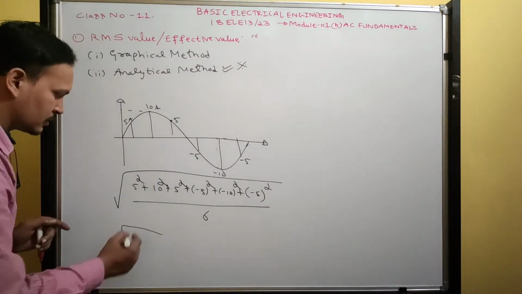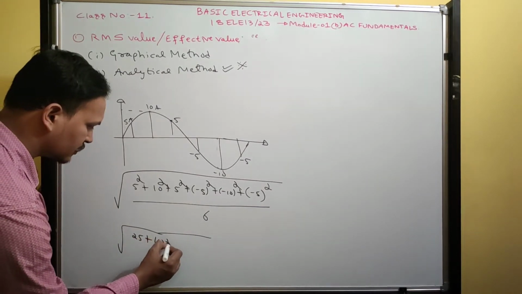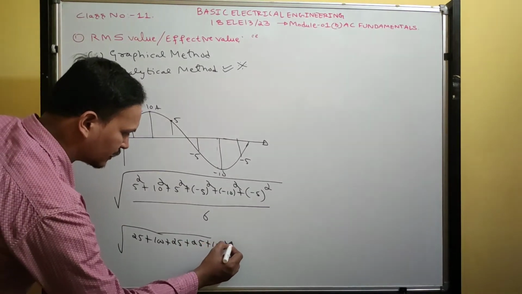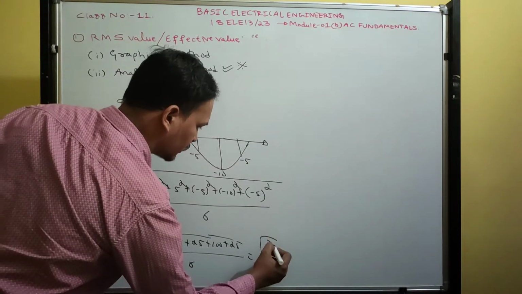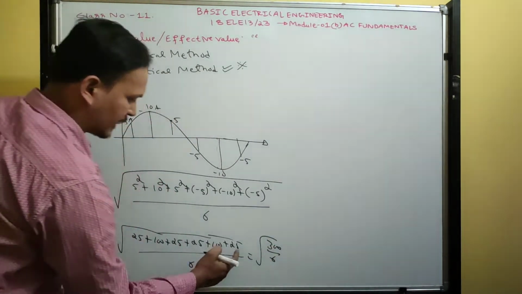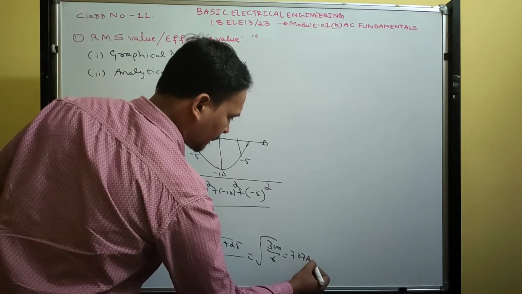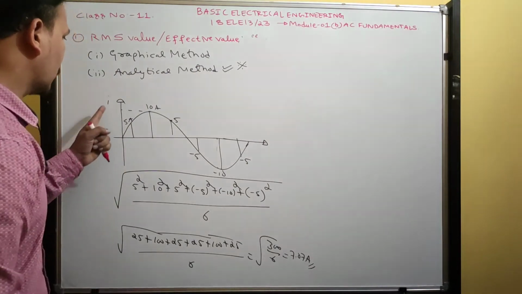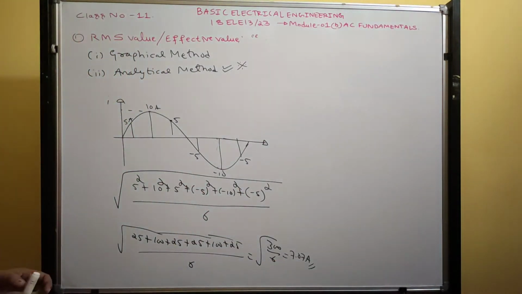So 5 squared is 25, 100, 25, 25, 100 and 25, divided by 6. So how much do you get? Root of 300 by 6, the addition of all this. This gives 7.07 ampere. I took the current waveform; if I take a voltage waveform, you will get 7.07 volt. Got it?